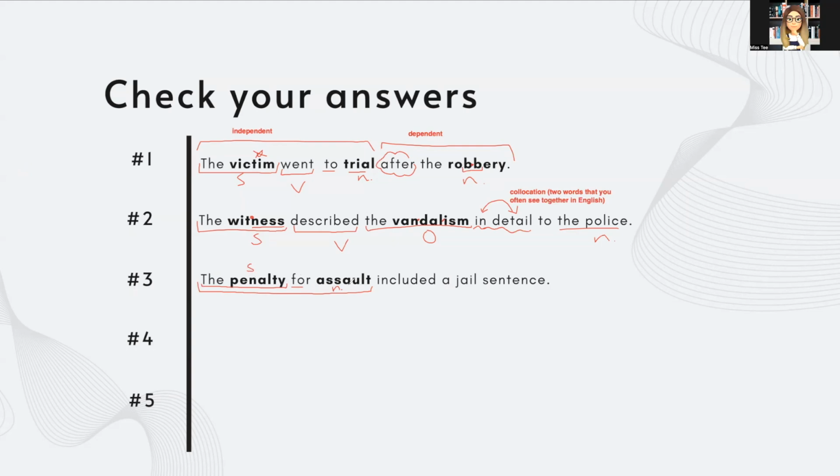And it tells us what the penalty is for. What is the reason for getting this penalty? Then we have our main verb in the simple past, and a jail sentence. So this is our noun here. So what was involved in this penalty? A penalty is a consequence, like a legal consequence.